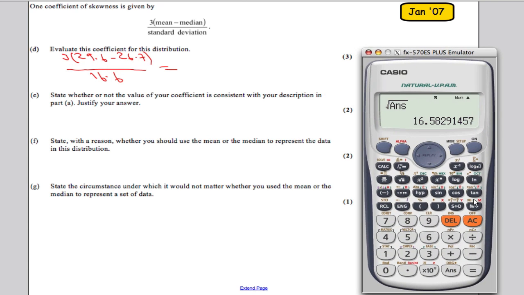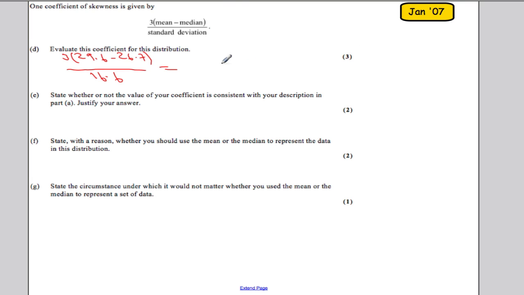So all we're doing now is just plugging these values in. 3 times 29.6 minus 26.7, and then I'm going to divide that by 16.6, which gives us 0.524, to 3 significant figures, 0.524.